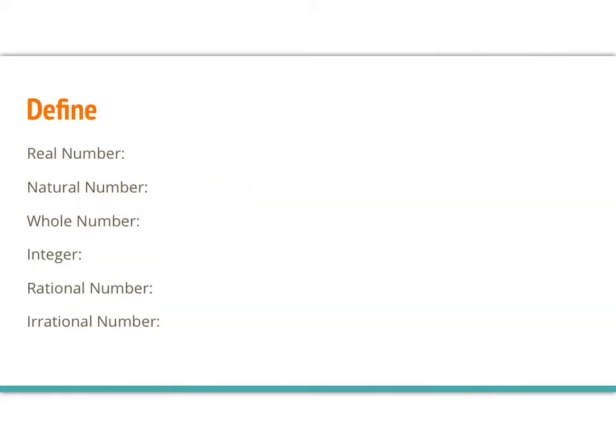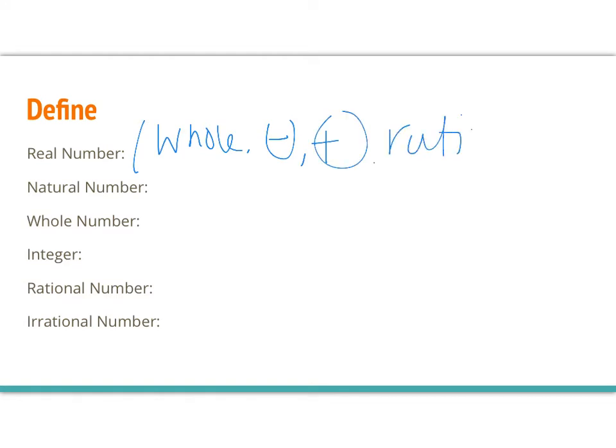So defining a few of these, a real number includes the entire number line. A real number can be a whole number, it can be an integer, so negative or positive, it can be rational, or irrational. So basically every number is a real number.